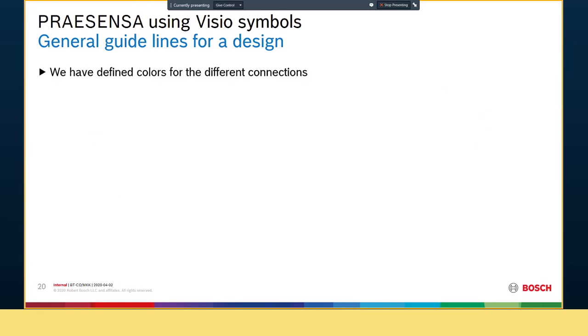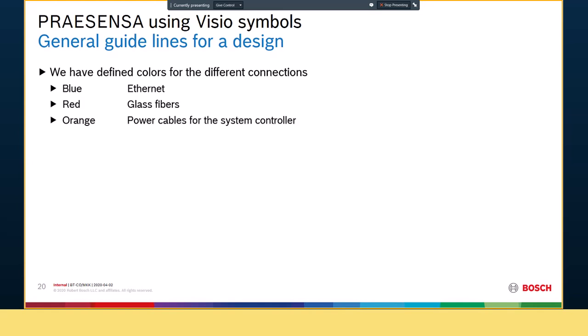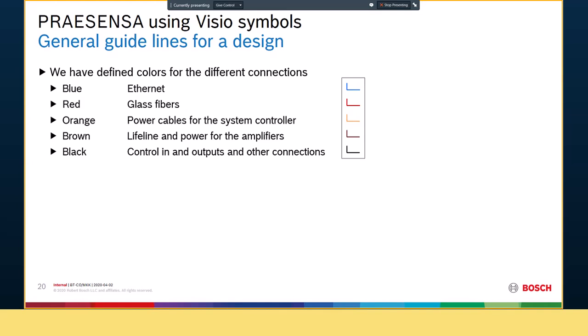We also have defined colors for the different connections. Yeah, so we have blue for Ethernet, red for glass fiber, orange for power cables to the system controller, something brownish for lifeline and power for the amplifier, and black actually for all the other connections.